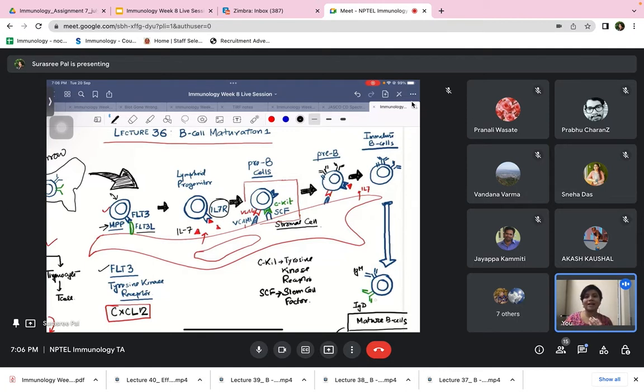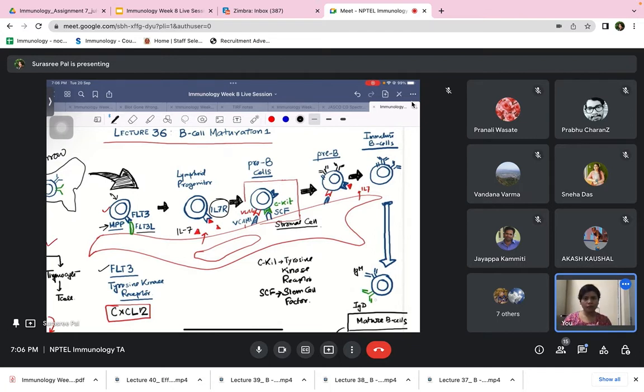So once the binding of IL-7 to IL-7 receptor takes place, the multipotent progenitor cells become destined to lymphoid origin, right? So they become the lymphoid progenitor cells.